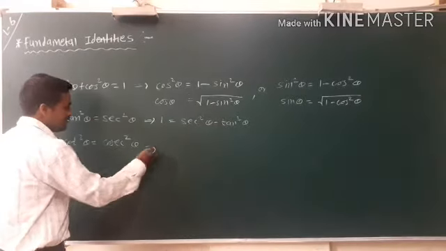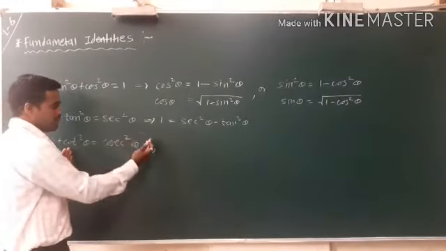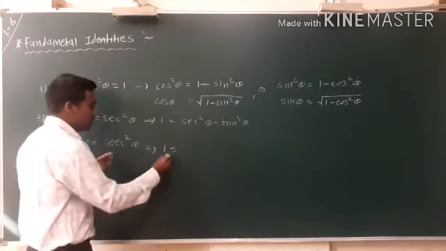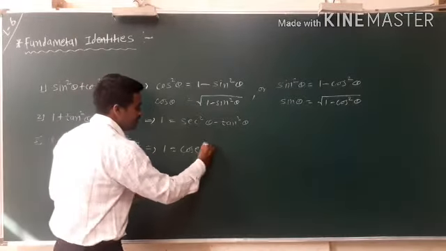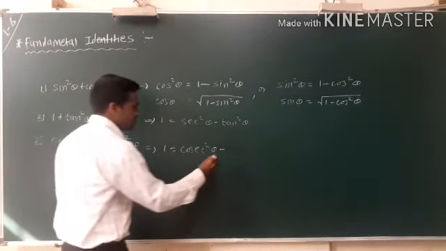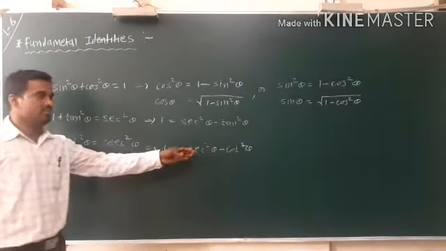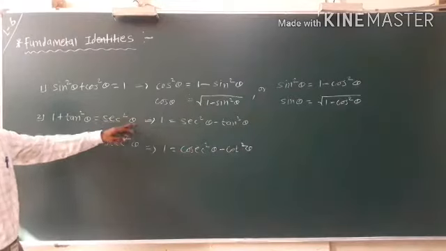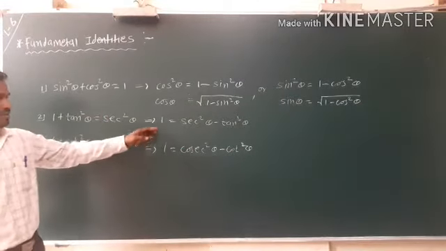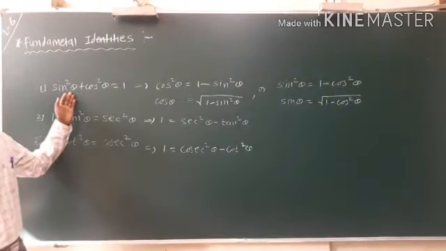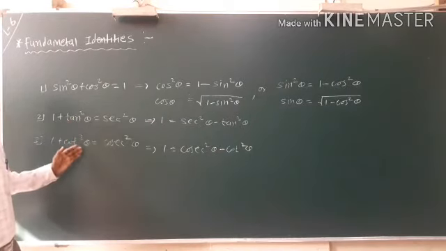Similarly, for the next, moving cot square theta to the other side, 1 equals cosec square theta minus cot square theta. Okay, these are the forms and conversions of the first, second, and third identities.